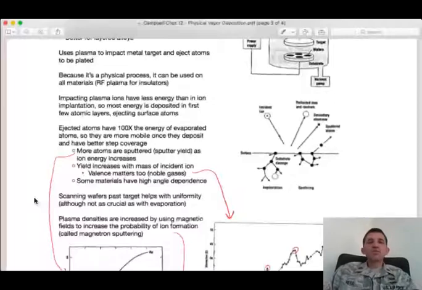So these ejected atoms have a lot more energy than in the evaporated case, which means once they travel through the vacuum and find a place to land, they have a lot more energy to move around, and that leads to better step coverage. And here's the key thing: without having to heat up your substrate.